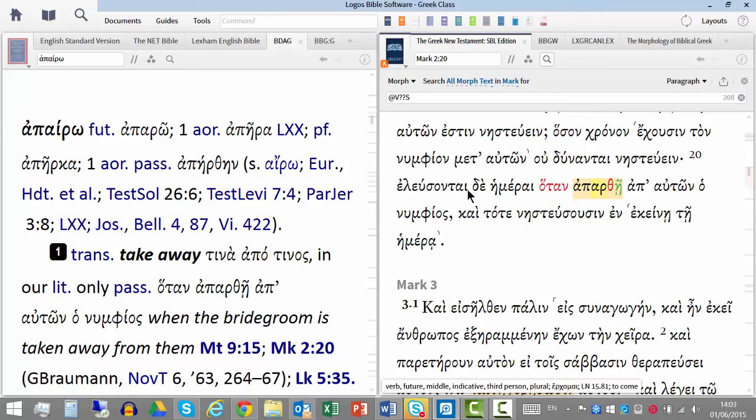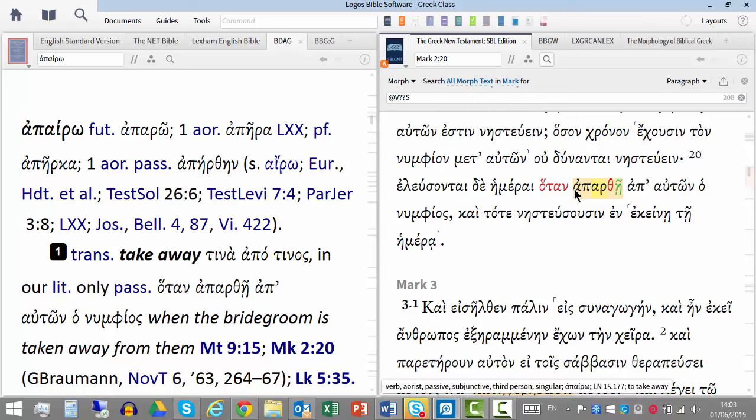The sentence, elusontai de hemerai, this means days, hemerai, are coming. Hotan, when. Aparthe, he may be taken from you, from them, actually. So, aparte, he, she, or it will or might be taken away.